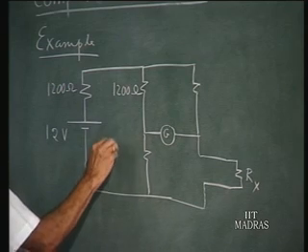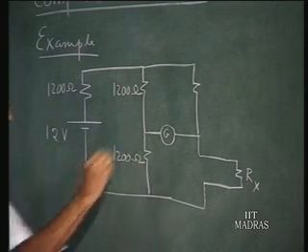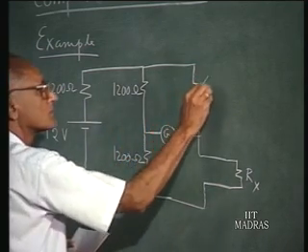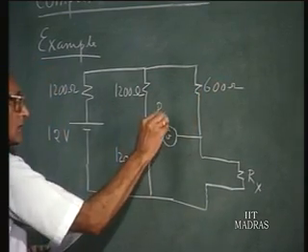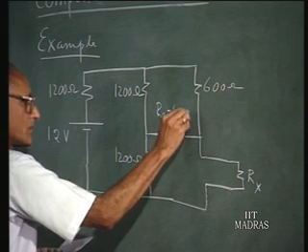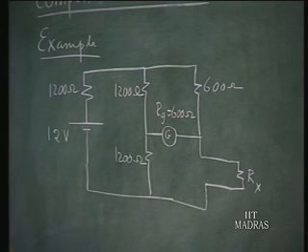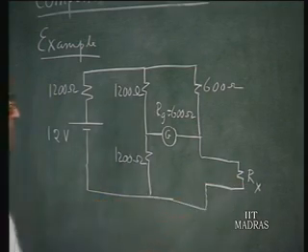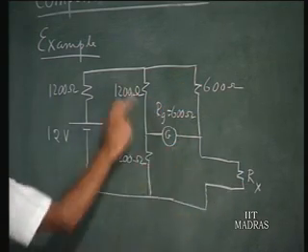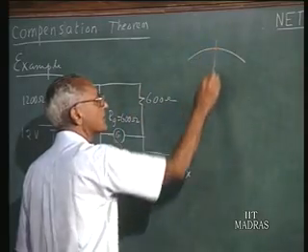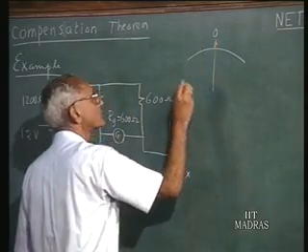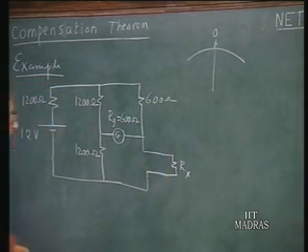So these are the values of the resistors in the fixed arms, and the resistance of the galvanometer is also 600 ohms. Now the nominal value of the resistance Rx is 600 ohms. So if this is 600 ohms, the bridge is balanced, 600, 600, 1200, 600, galvanometer current is 0. So the galvanometer current is 0 when the Rx happens to be 600 ohms.